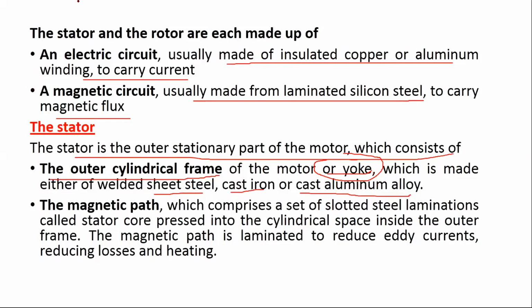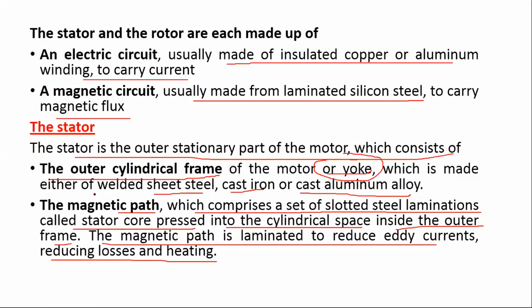Another part of the stator is the magnetic path, which comprises a set of slotted steel laminations called the stator core, pressed into the cylindrical space inside the outer frame. The magnetic path is laminated to reduce eddy currents, reducing losses and heating. Magnetic path here means the path followed by the flux within the machine, right?